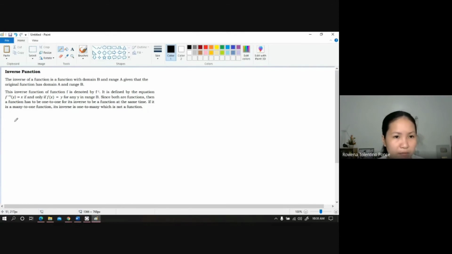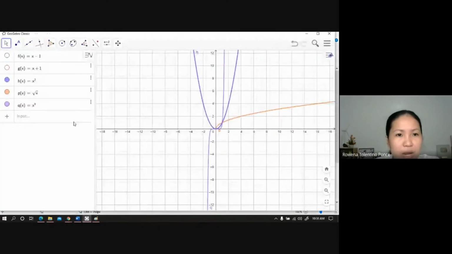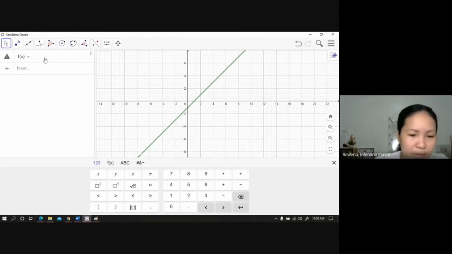Okay, so here, for the first example, we have f of x is equal to, say, 4x minus 3. This one is a linear function. Kapag i-graph mo siya, ang graph niya is line. So to verify, i-input natin siya rito, 4x minus 3.